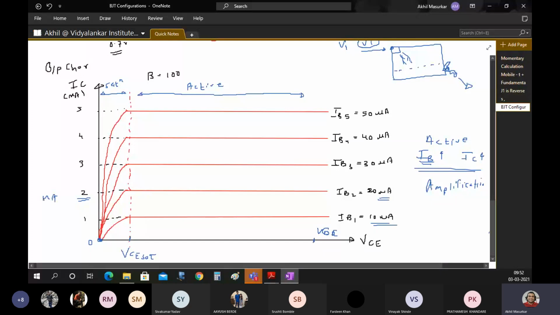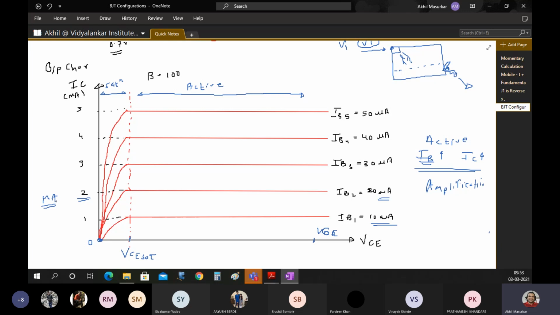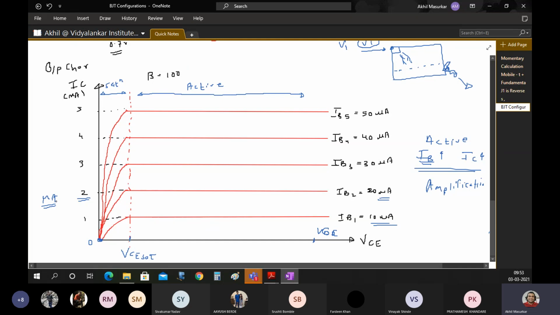So we get an amplification effect when we try to create a variation at the base and try to see that on the collector side. So this is what it is. Now if you have any doubts in the input and output characteristics, please ask.